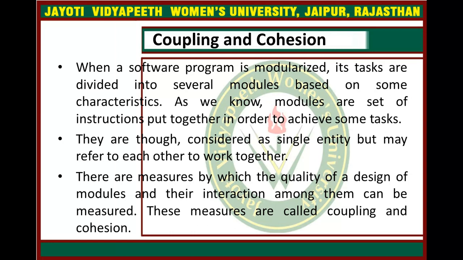As we know, modules are sets of instructions put together in order to achieve some task. They are considered as a single entity but may refer to each other to work together. There are measures by which the quality of the design of modules and their interaction among them can be measured, and these measures are called coupling and cohesion.